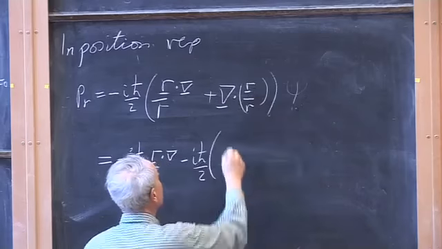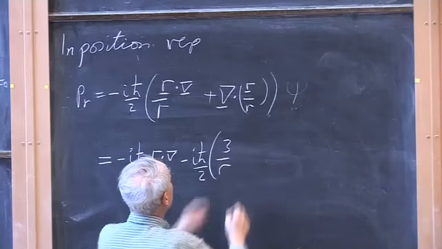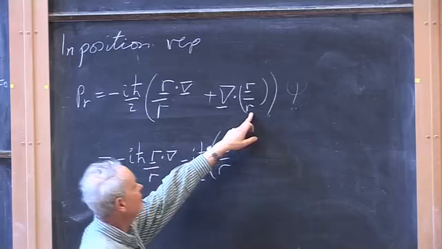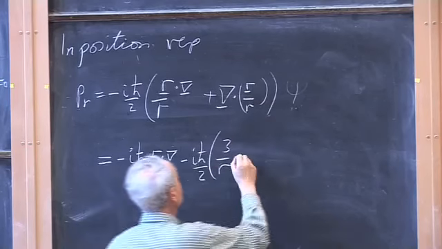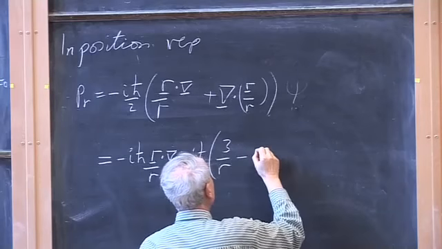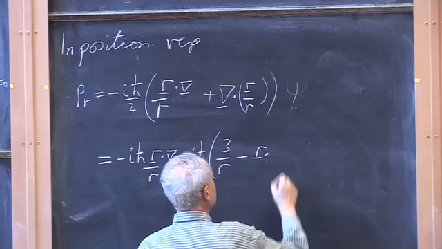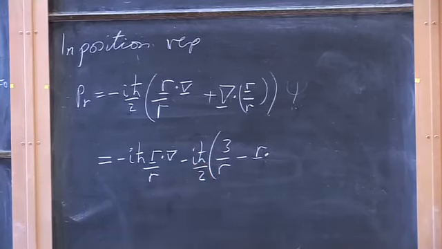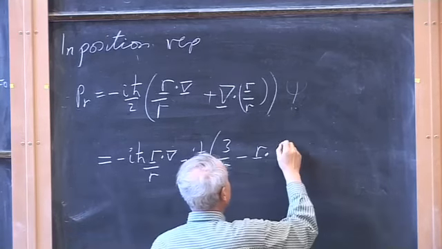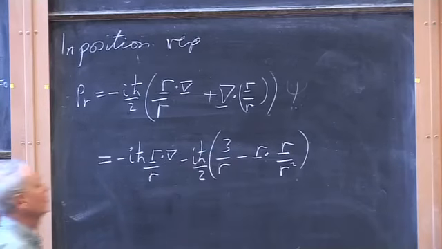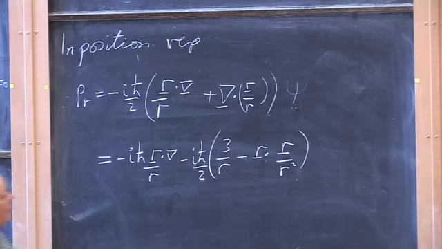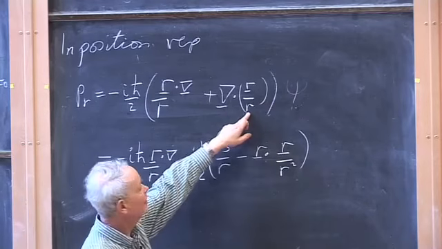The divergence of r is 3. And then I've got this thing operating on that. It's going to be r dotted into the gradient of 1 over r. So that's going to be minus r dotted into the gradient of 1 over r. The gradient of 1 over r has to be, oh, well, it is the vector r over r squared.